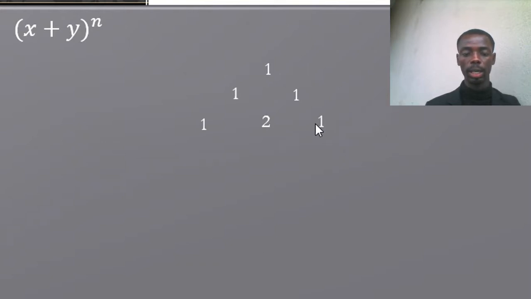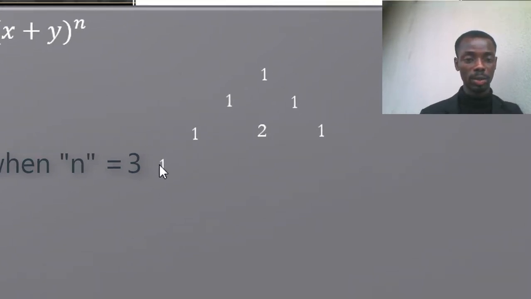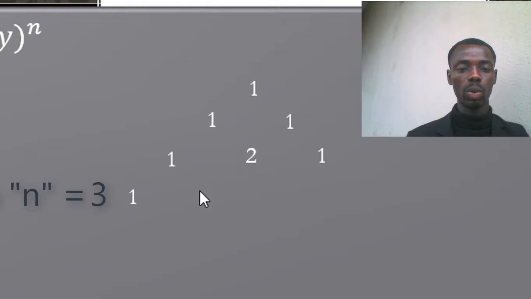Now, when n is equal to 3, we want to write out the coefficients of our terms. We always start with a 1. This 1 added to this 2 gives 3. This 2 added to this 1 gives another 3. Remember to always end with 1. Start with 1, end with 1.